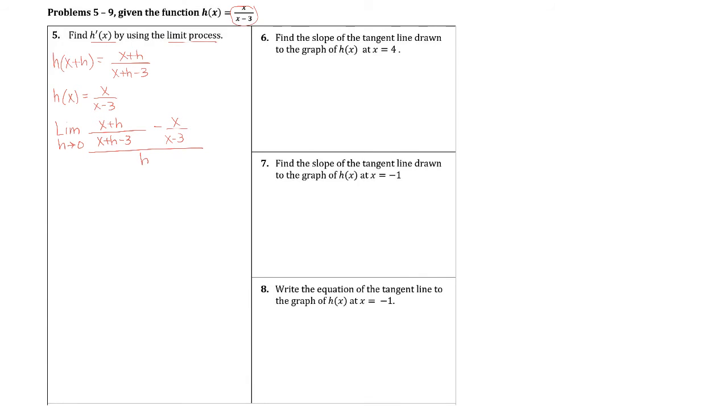All right, so now we're going to have to find a common denominator for that numerator. Now, I would do all of the cross multiplication magic on that. So let's see what's going to happen. We have the limit as h approaches 0 of x plus h times x minus 3, minus, and then I'm going to multiply the other direction, x times x plus h minus 3.